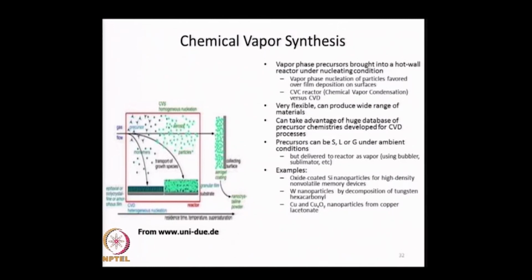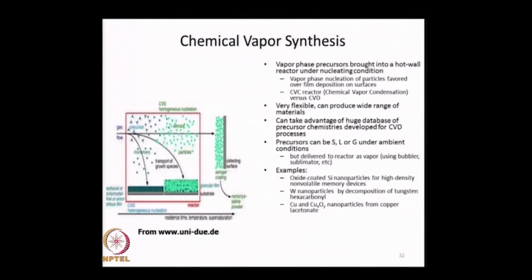The precursors can be solid, liquid or gas under ambient conditions, but they must be delivered to the reactor in vapor form. It is critical that you do not allow solid or liquid reactants to enter a CVS or CVC reactor. The reactants have to enter in vapor form, but how you convert the solid or liquid precursors to this vapor form is entirely up to you.